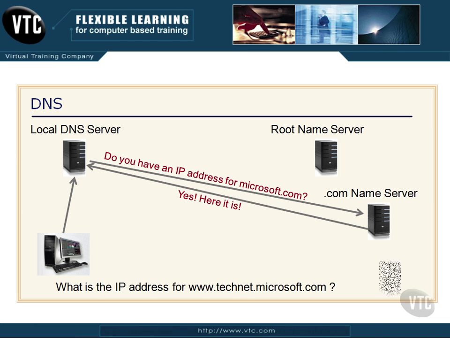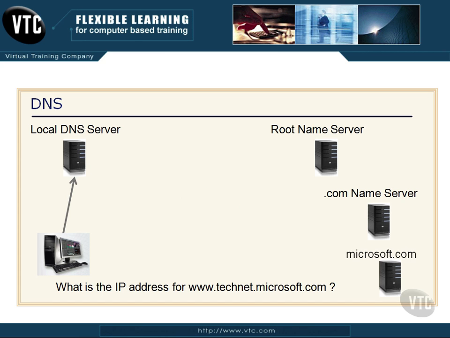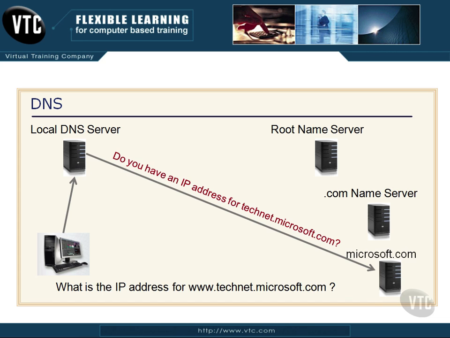So now we're going to send another query down to the Microsoft.com DNS authoritative zone and say, hey, I'm looking for an IP address at technet.microsoft.com. Well, Microsoft.com is well aware of that address. It sends it back and says, yes, here it is. We pass that down to the client. The client gets the IP address and it can now request the web page at technet.microsoft.com.